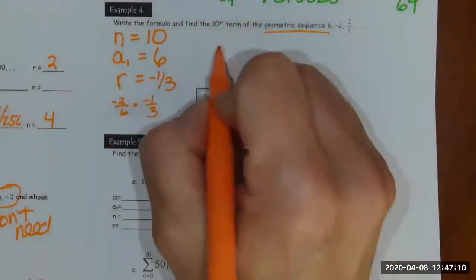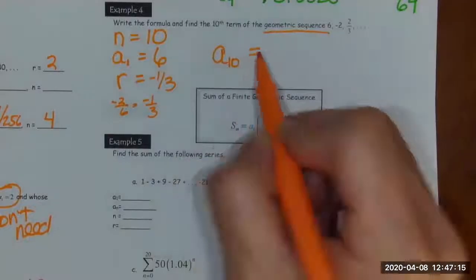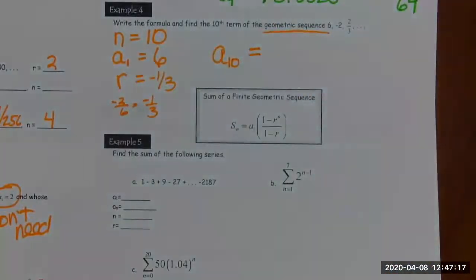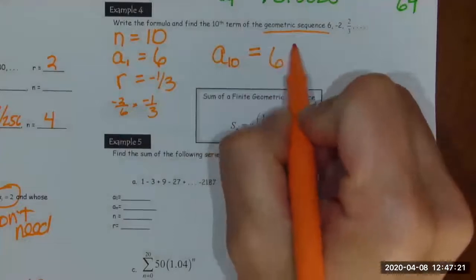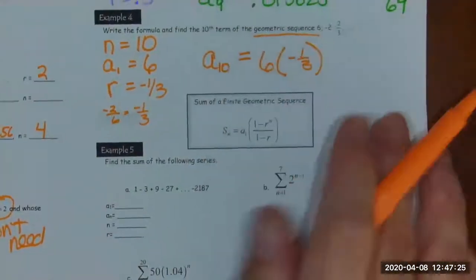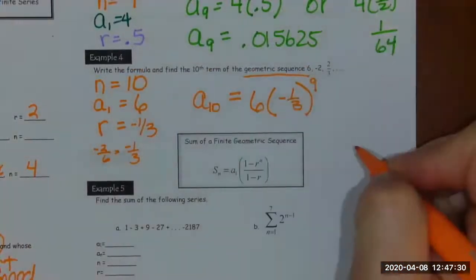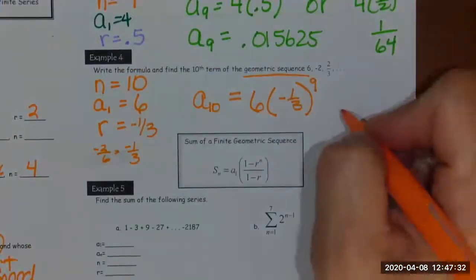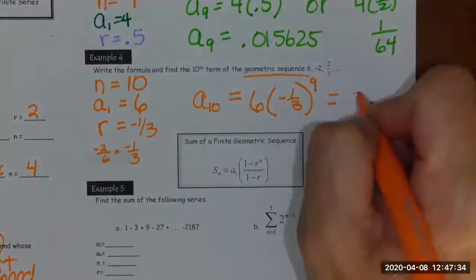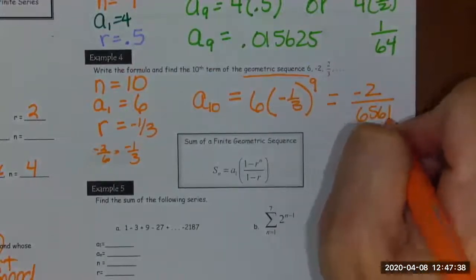So now we're going to say the 10th term. This just means I'm finding the 10th term, which equals 6 times negative 1/3 to the n minus 1. And n is 10, so we're going to raise that to the 9th power, and we're going to type that into our calculator, and we get negative 2 over 6561.